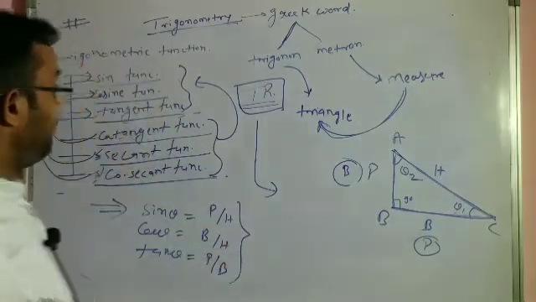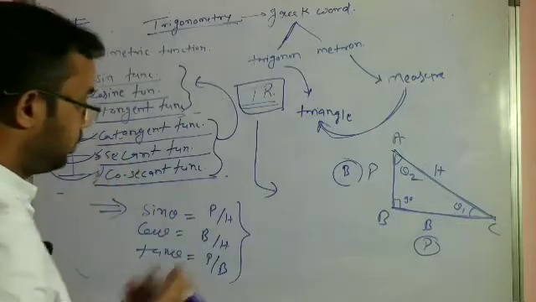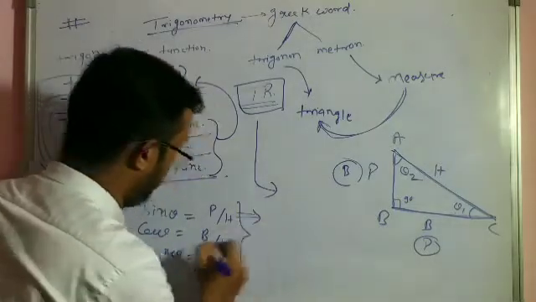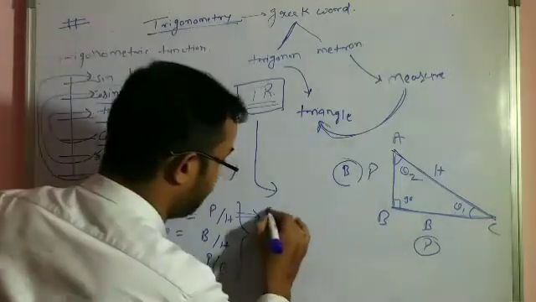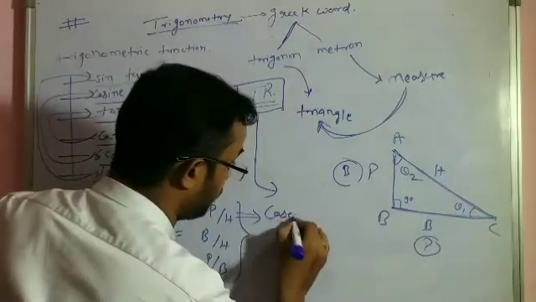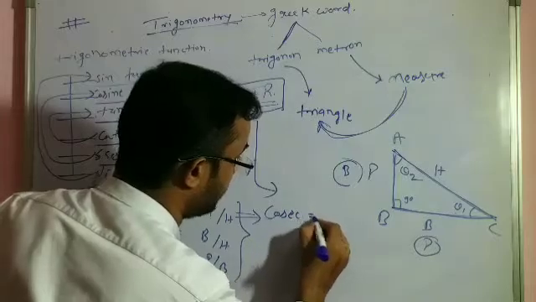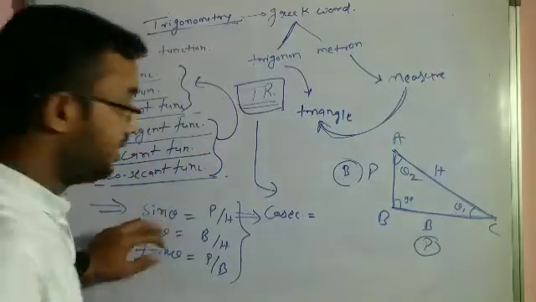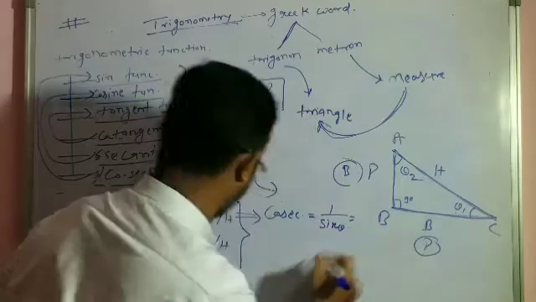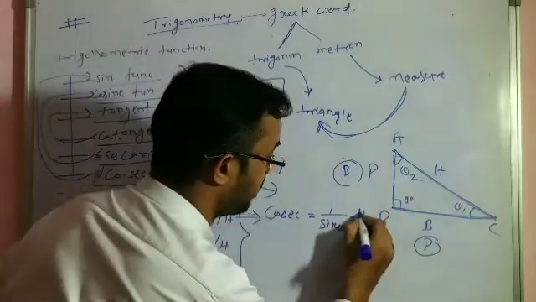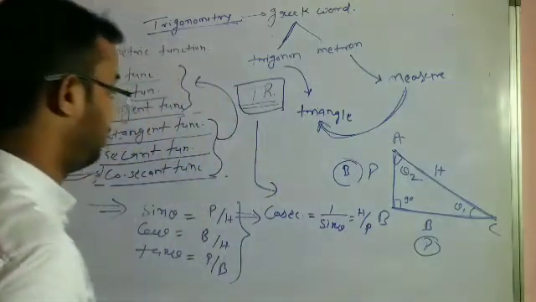Now, we find out the other trigonometric functions. Cosecant, that is cosec, is the reciprocal of sine theta, that means 1 upon sine theta, that is equal to hypotenuse divided by perpendicular.